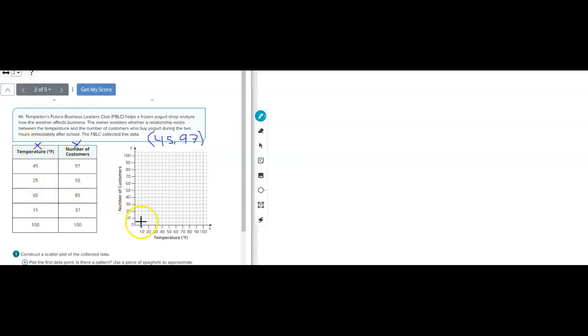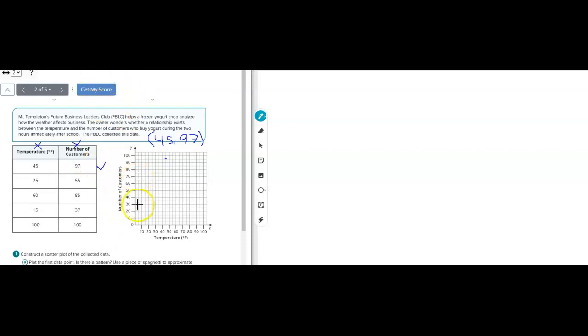All right, so we're going to go over to 45 on the x-axis right here, and then we're going to go up, up, up to 97. So here's 95 and just a smidge higher than 95. So about here is 97. Okay, so this point is done.